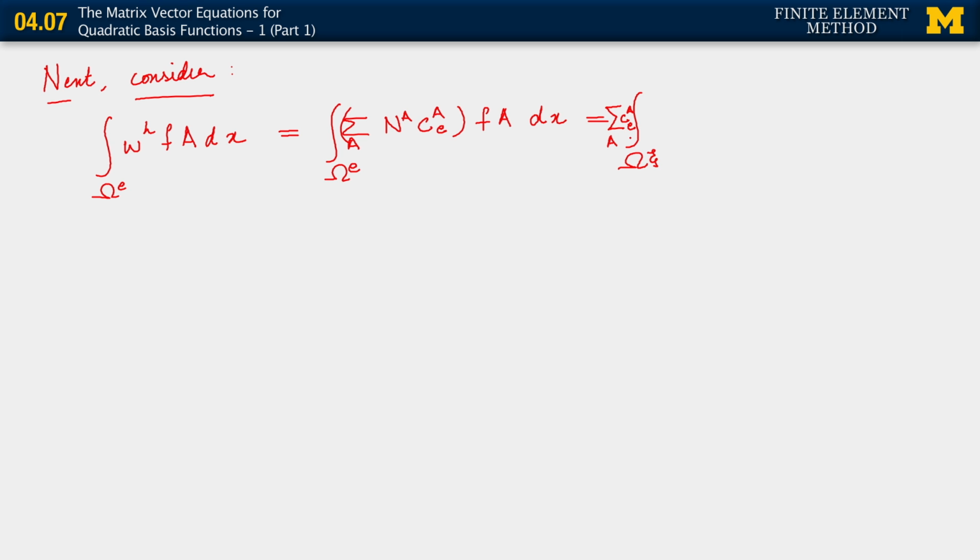And the reason we can do that is what? The reason we can pull c_A^e out of the integral is because it's just a degree of freedom that is used to build our representation of the weighting function. It does not depend upon position. So we were able to pull it out just as we've been doing all along. Remember that this sum runs A going from 1 to 3, for 3 nodes in the element.